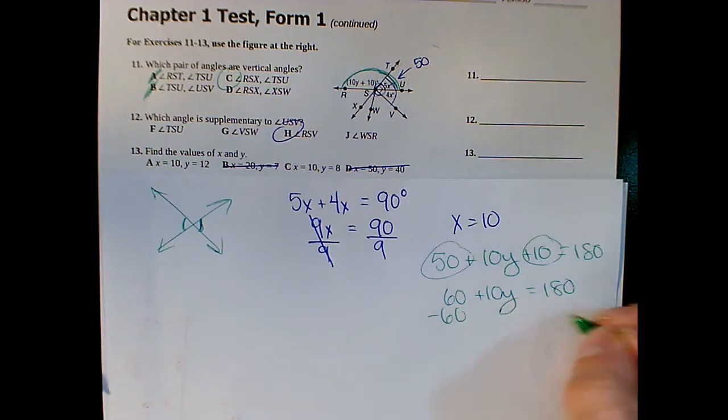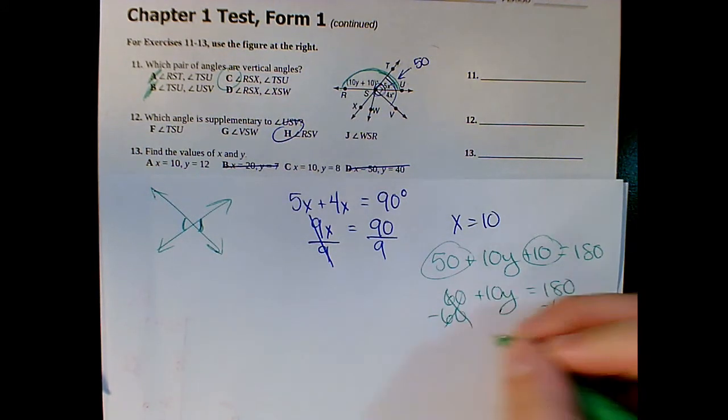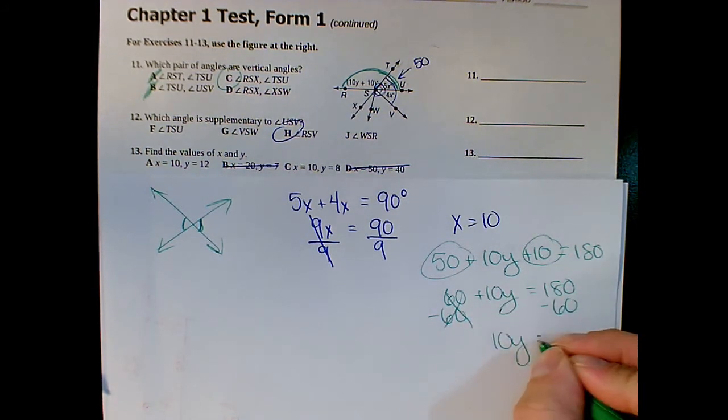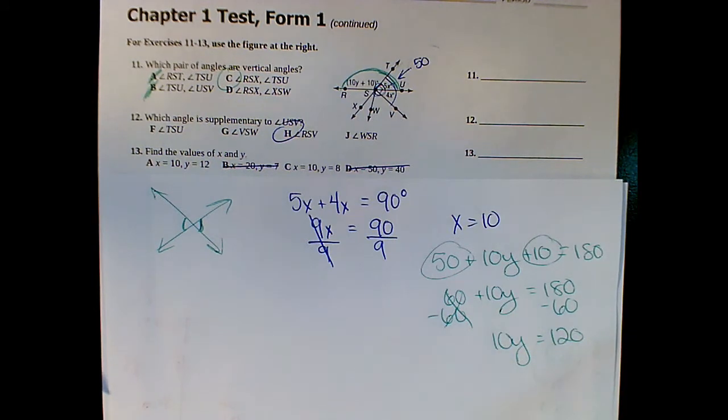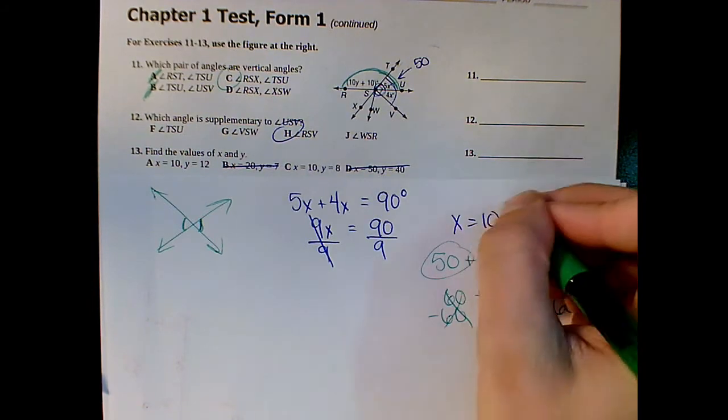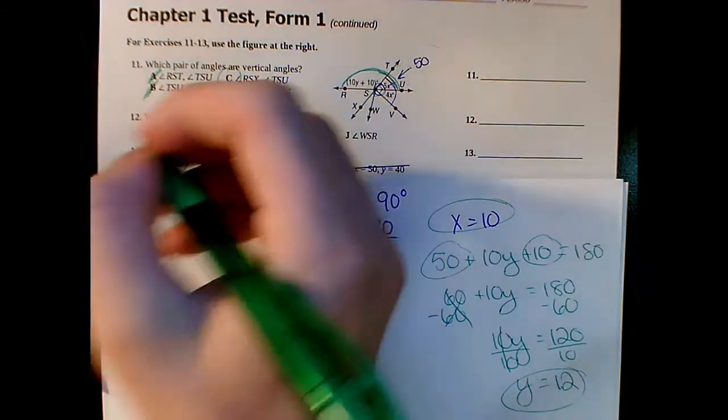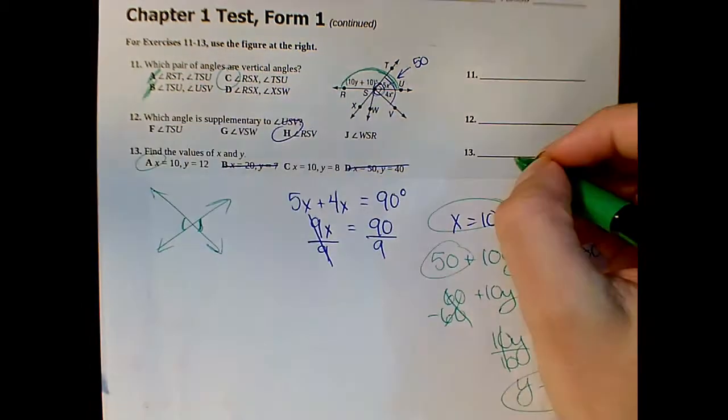Subtract 60, subtract 60. 10y equals 120. Divide both sides by 10. Y equals 12. X was 10. Y is 12.